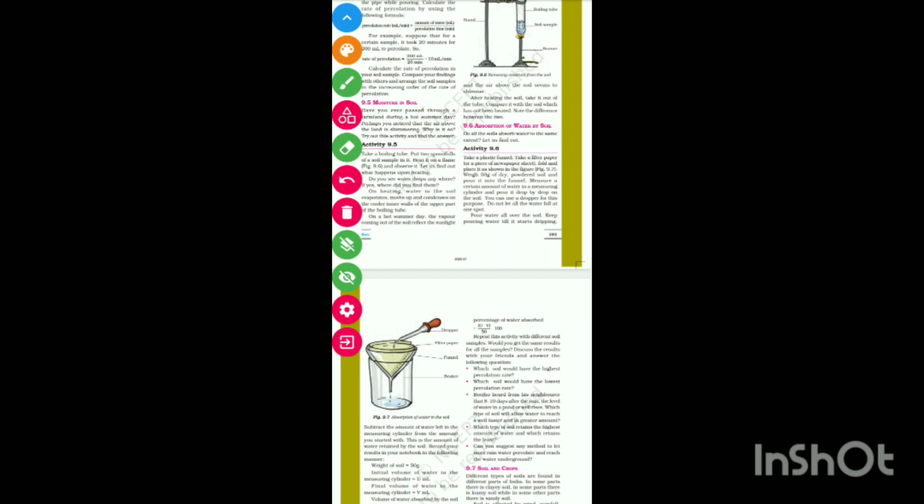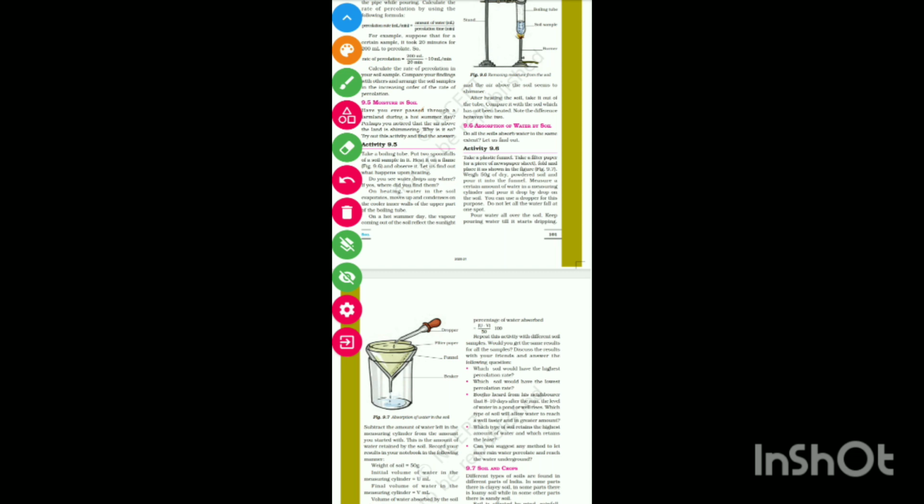You have to take a plastic funnel, a filter paper, a dropper, and a beaker. First take a filter paper, fold it and place it as shown in figure 9.7, and take 50 gram of dry powdered soil and pour it into the funnel.